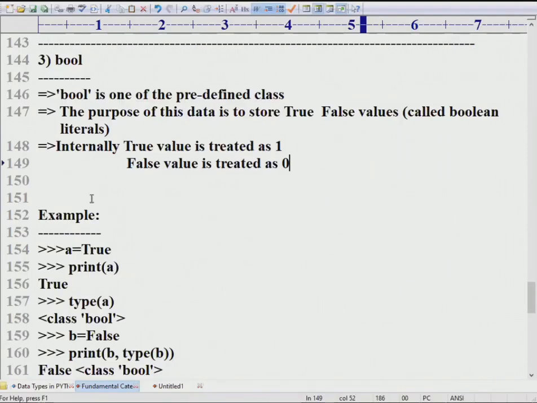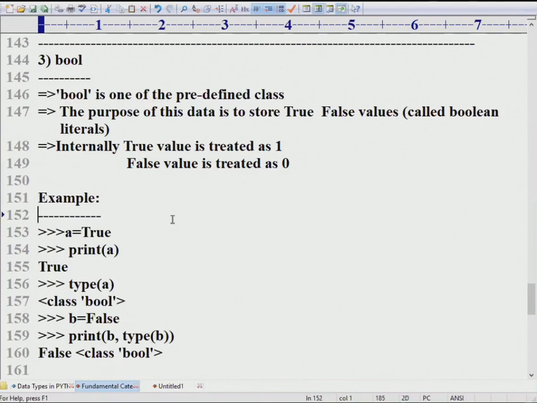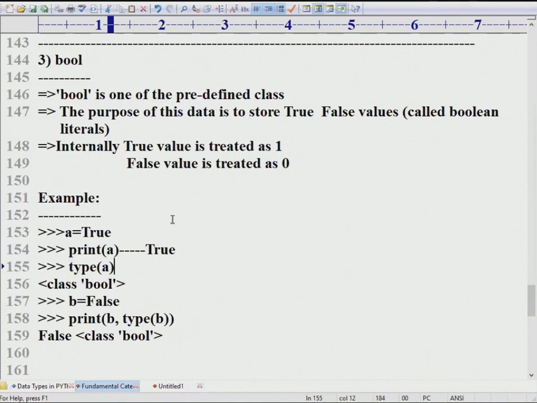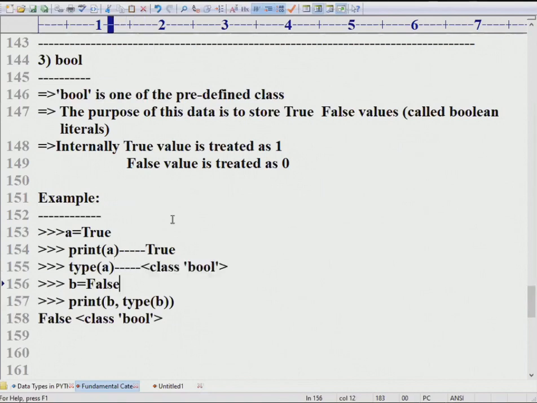Let us come to the example part. True is internally represented as 1, and false is internally represented as 0. Okay, let us write down. Now I am writing some calculation part.